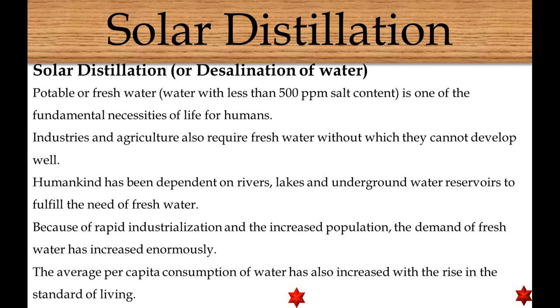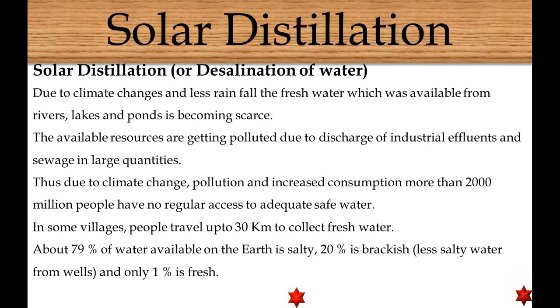The average per capita consumption of water has also increased with the rise in the standard of living. Due to climate changes and less rainfall, the fresh water which was available from rivers, lakes and ponds is becoming scarce. The available resources are getting polluted due to discharge of industrial effluents and sewage in large quantities.